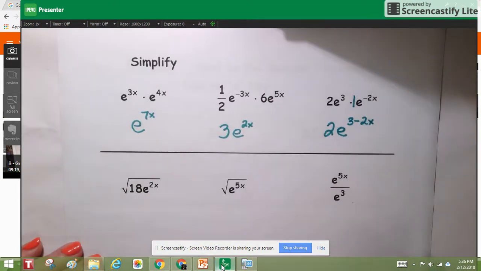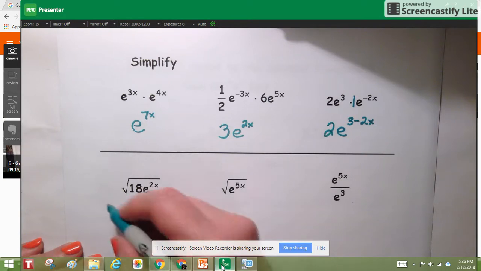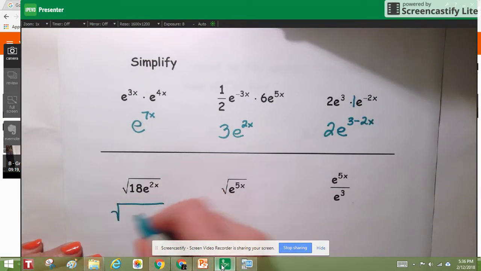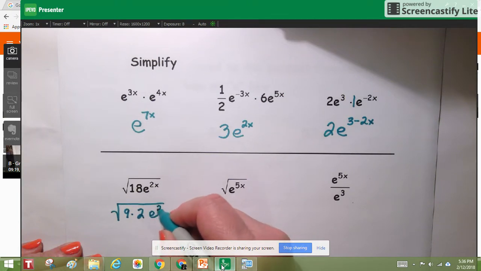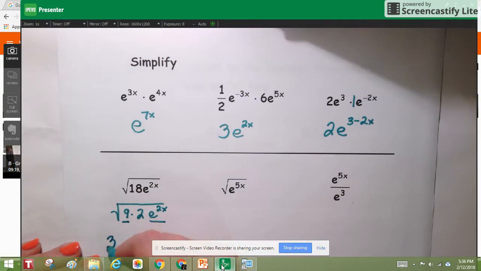I'm going to simplify these radicals. You're going to simplify 18 just like you would as if it was alone. You can break it up into 9 times 2, e to the 2x. Well, 9 is a perfect square, but also e to the 2x is a perfect square. So I can bring that out as 3e to the x, and I'll have the square root of 2 left.